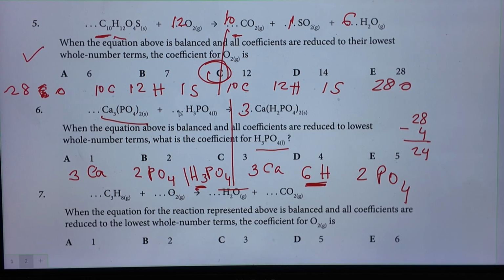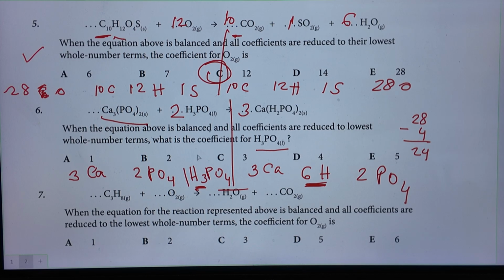So now you have 2. And now this would change. Now you would have 2 of these, right? Excuse my handwriting. You have 2 H3PO4s, which is kind of what we're looking for, right?